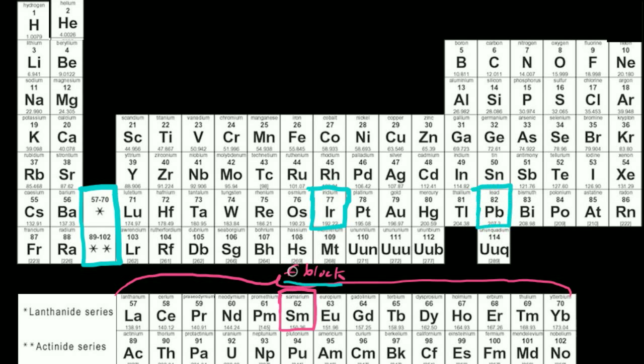We're going to need these F orbitals to fill up, because lead has tons of electrons. It has 82 electrons.